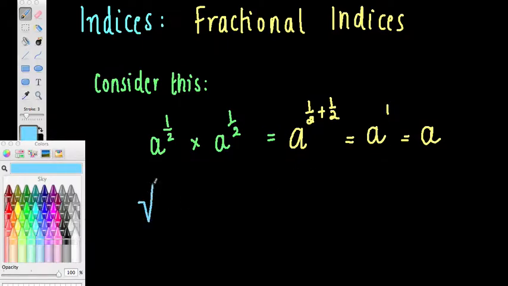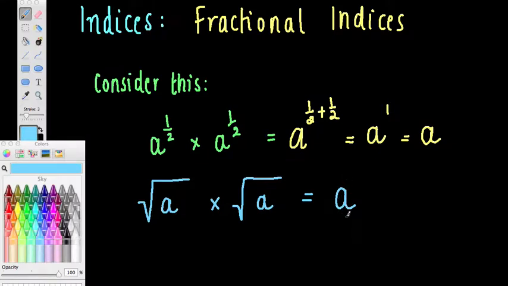You might like to think about what this symbol here means. This is a square root, isn't it? And what the square root does is tell me, if I'm given a number a, what number will multiply by itself to give me that product of a.